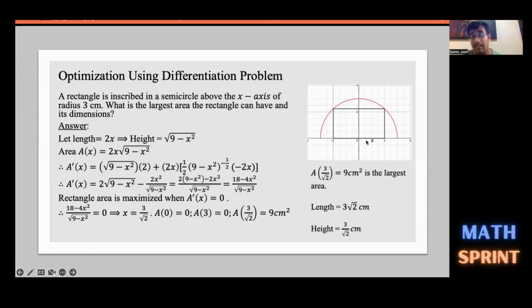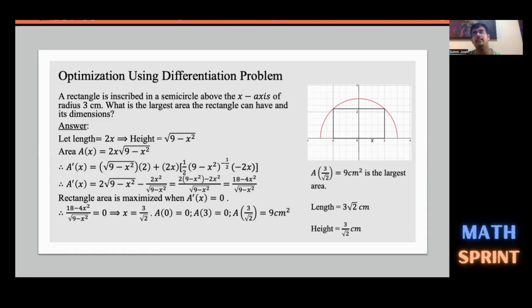So we can apply the Pythagoras theorem, given that we know that this is 3 centimeters, and we know that this is x centimeters. So we find out that the height of the rectangle, that is this height over here, is the square root of 9 minus x squared. So I've indicated that here.